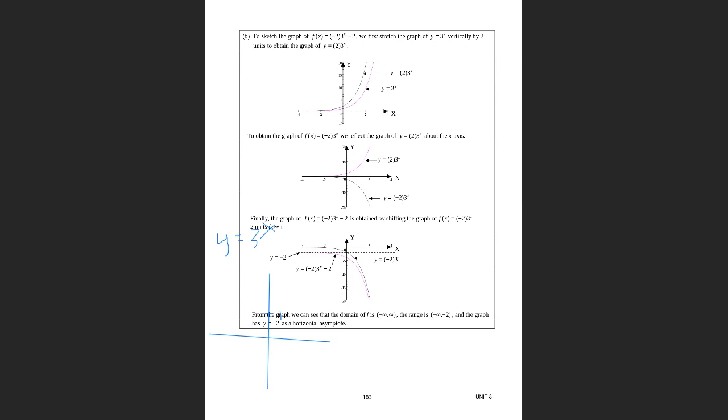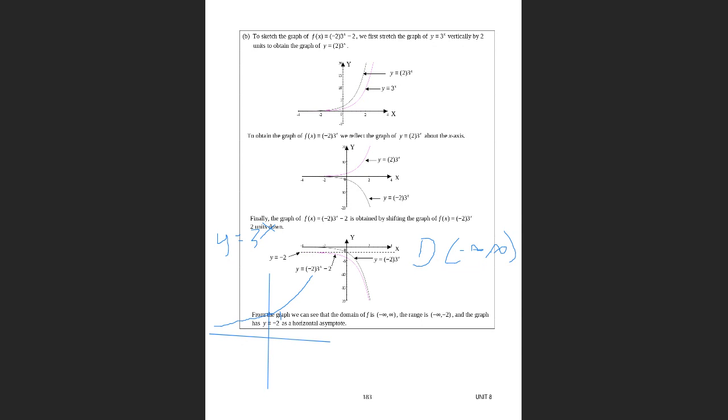And this graph is going to be an increasing function like this. So you have to note that for an exponential function, the domain is always from negative infinity to infinity. The original exponential function's domain is from negative infinity to positive infinity.